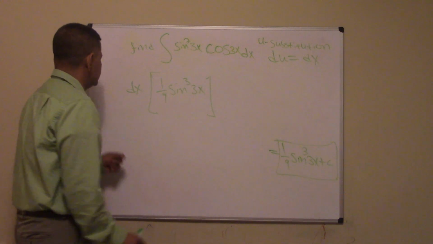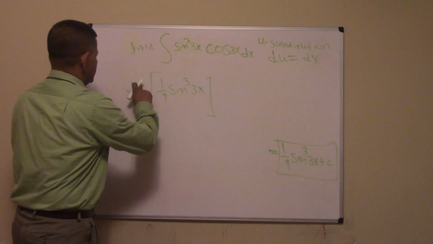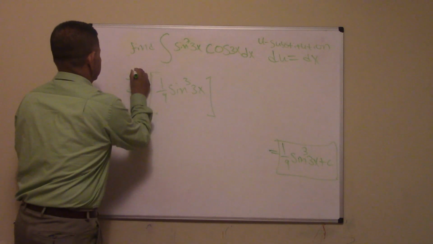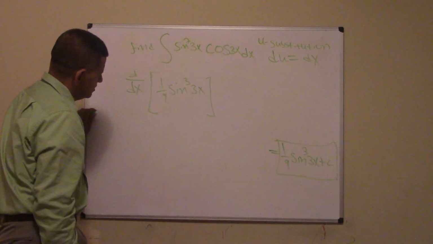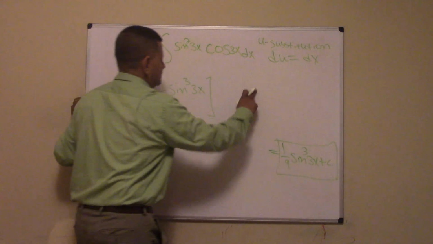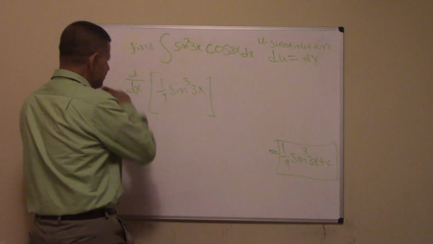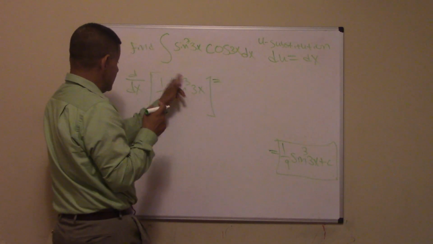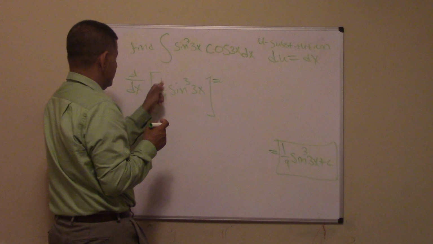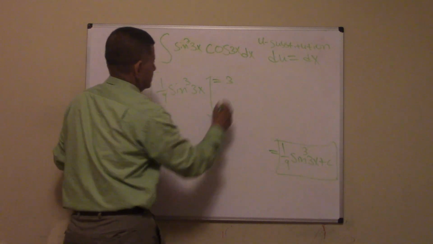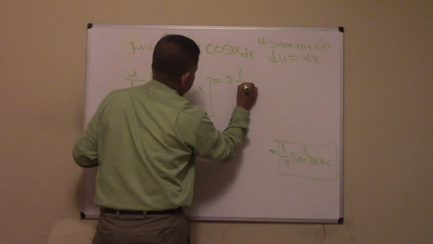Okay, so let's do this. Take the derivative. When I take the derivative of this, the exponent 3 comes to the front, and I get 3 times 1/9.